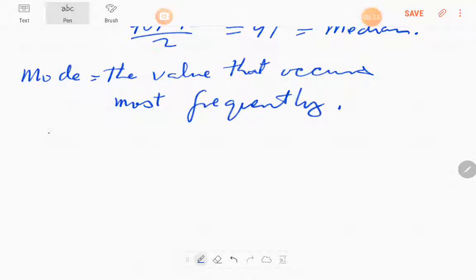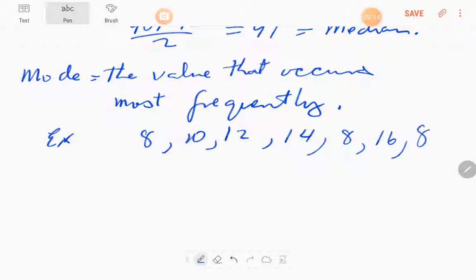So for example, if we had 8, 10, 12, 14, 8, 16, and 8, here the mode would be the number that occurs most often, and the mode would equal 8.